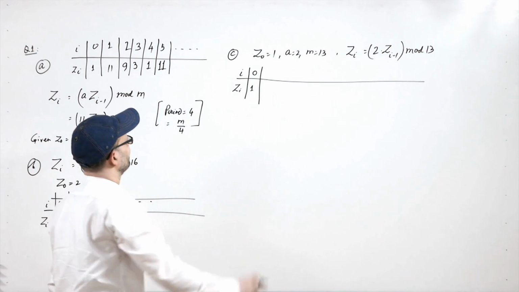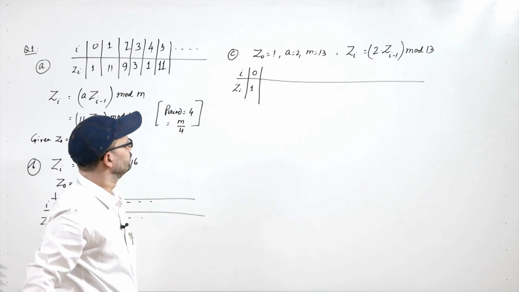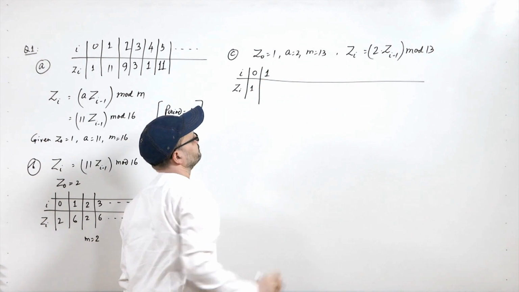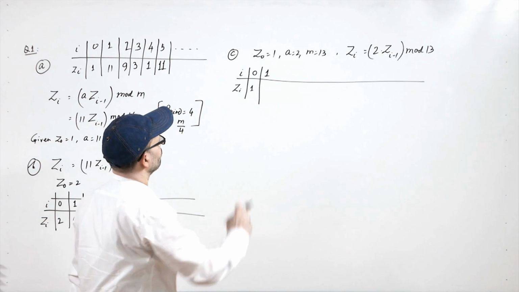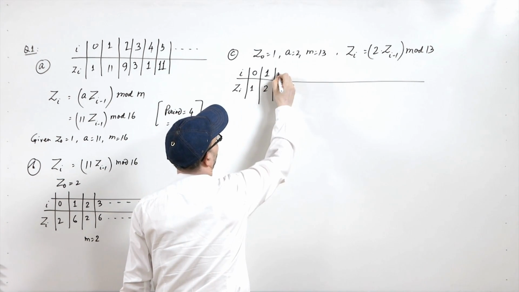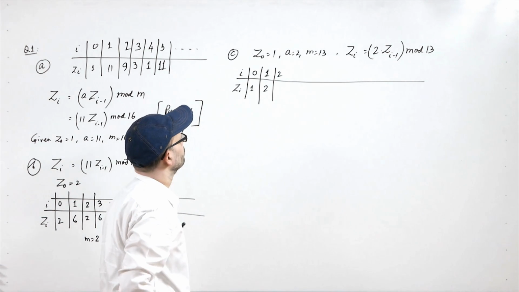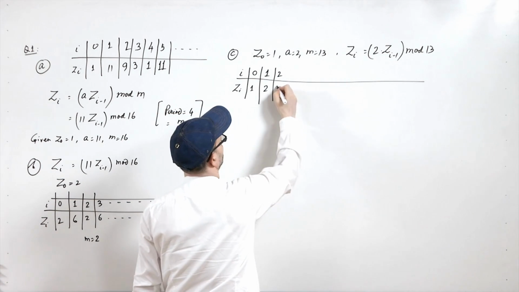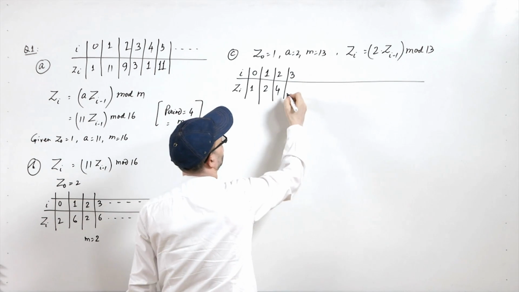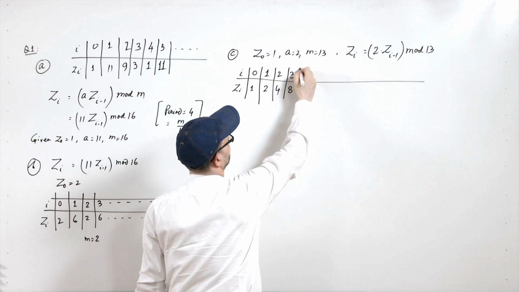Once the first value is 1, when I is 1, in that case 2 times 1, so it will be 2. In the second case 2 into 2, 4 mod 13, so 4. Then 4 into 2, 8 mod 13, so 8.